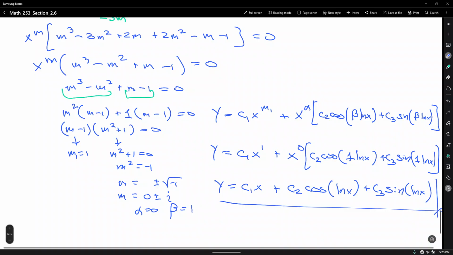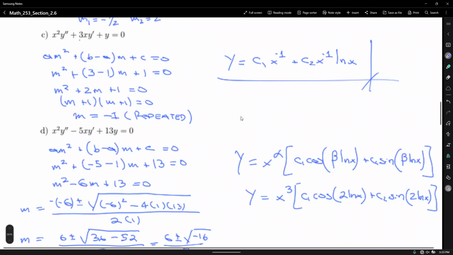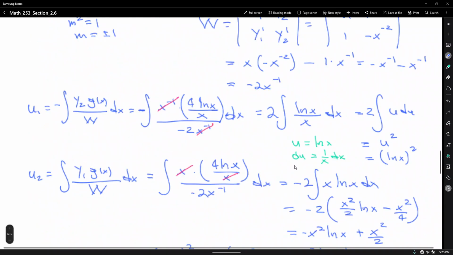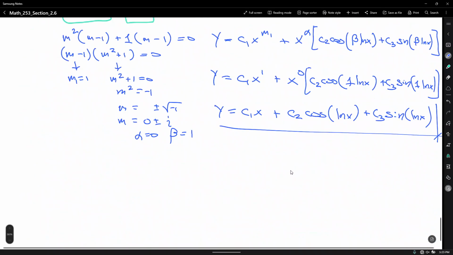So the question here is, remember when we first started this section, we took the time to derive the second degree polynomial in terms of a, b, and c. What did we get for that? We got this polynomial here, this auxiliary polynomial, right? Well, the question here is, can we create other polynomials for higher order Cauchy-Euler differential equations? Yes. All right.